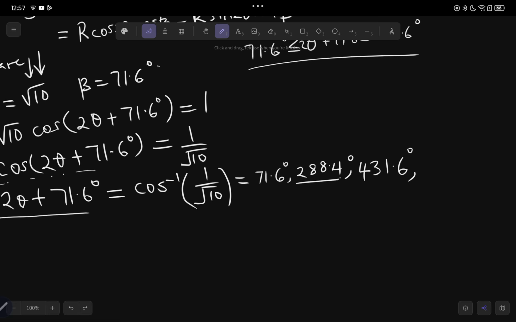Then this angle plus 360 degrees, we shall have 648.4. Now from here, again, we go to another circle by adding 360 and adding 360. But when we add 360 here, what we get will be 791.6.